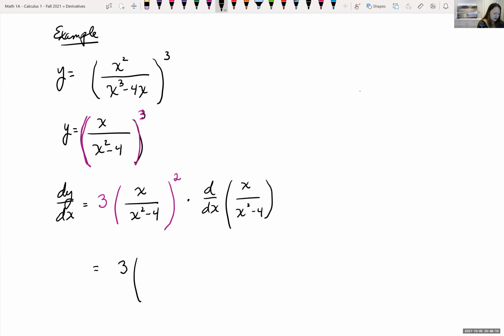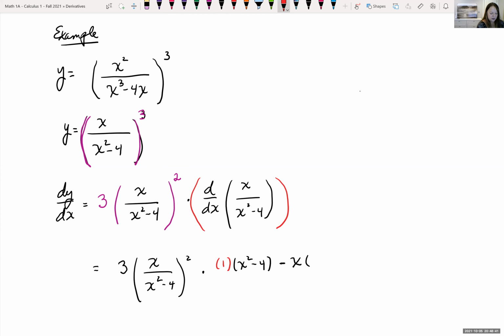So we have 3 all times x all over x squared minus 4 quantity squared times, we need the quotient rule, which is the derivative of the top, derivative of x times the bottom, x squared minus 4, minus the top, which is x, times the derivative of the denominator.